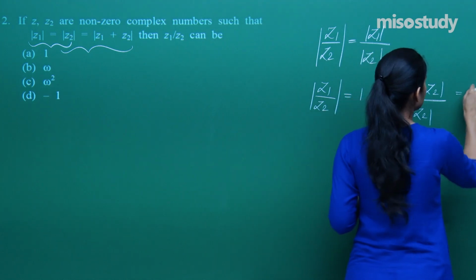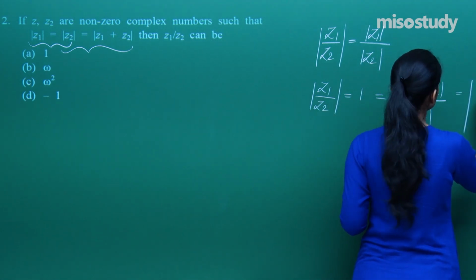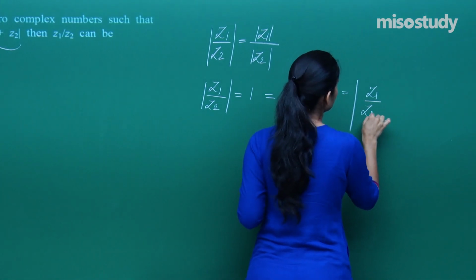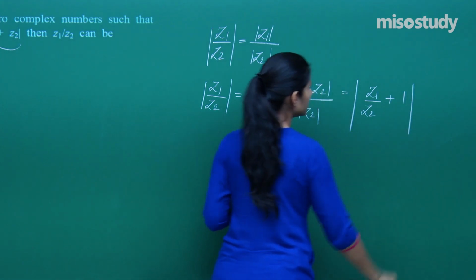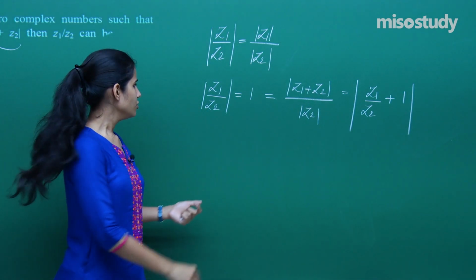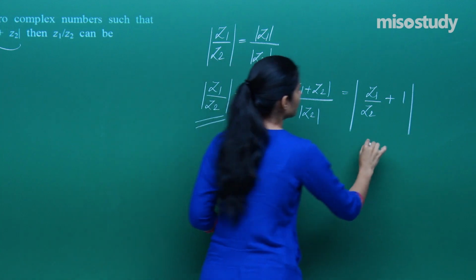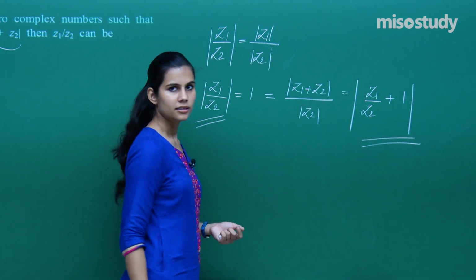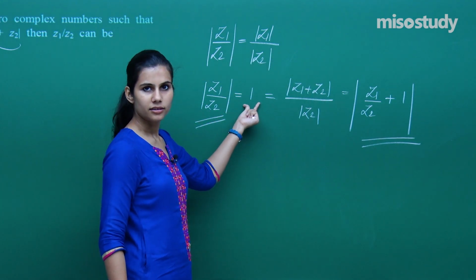This can be written as whole mod of Z1 by Z2 plus Z2 by Z2, that is 1. So what do you mean by this equals this, which is equal to 1?